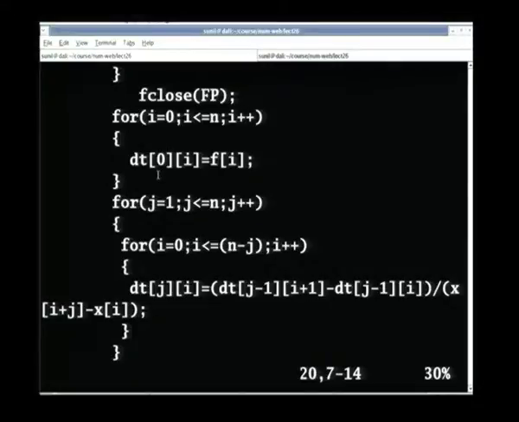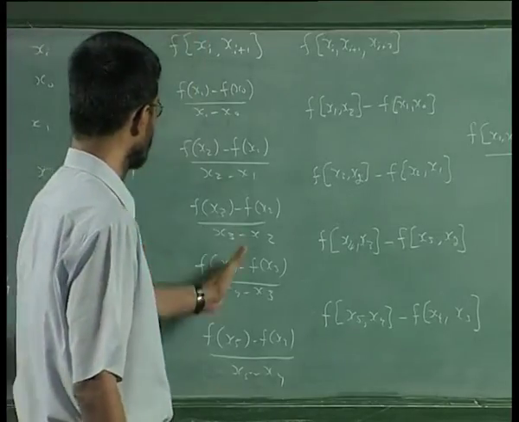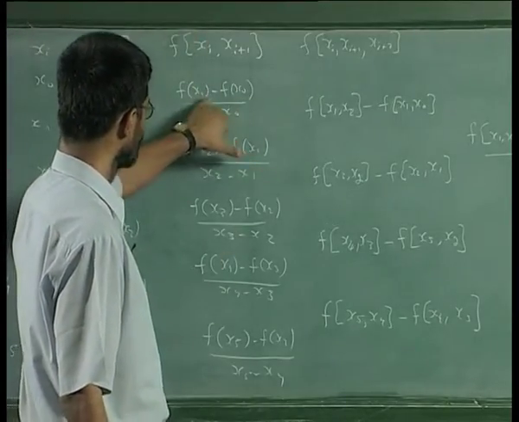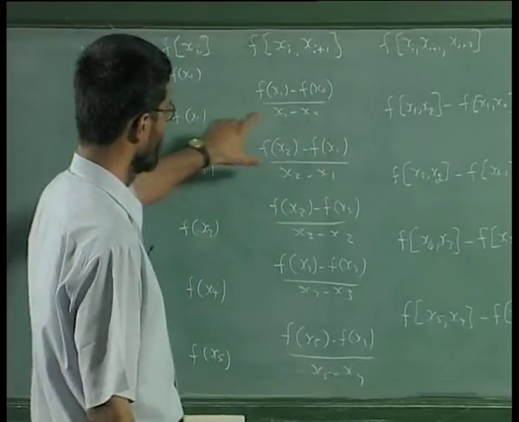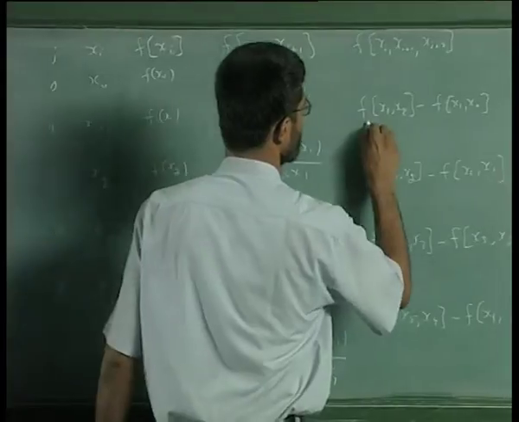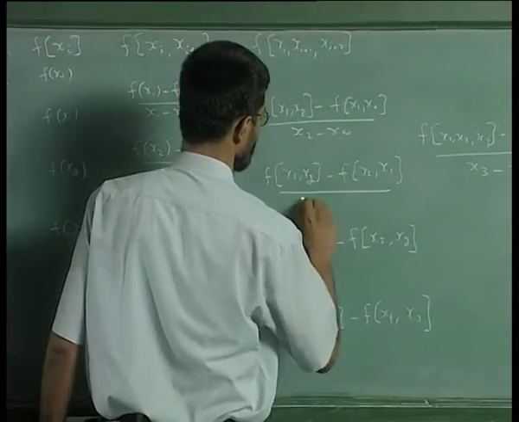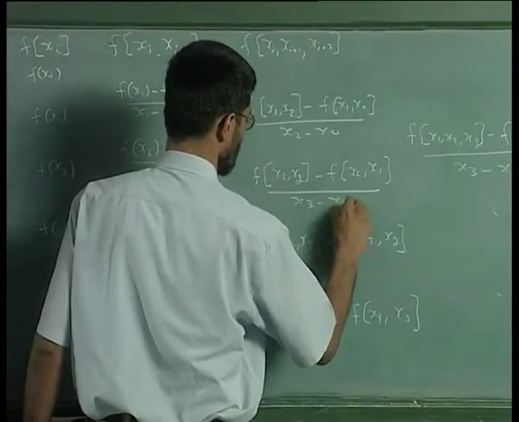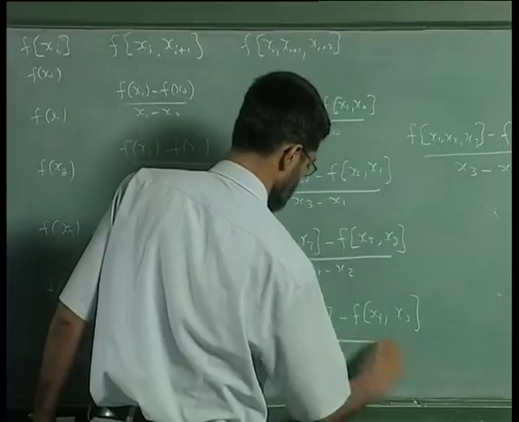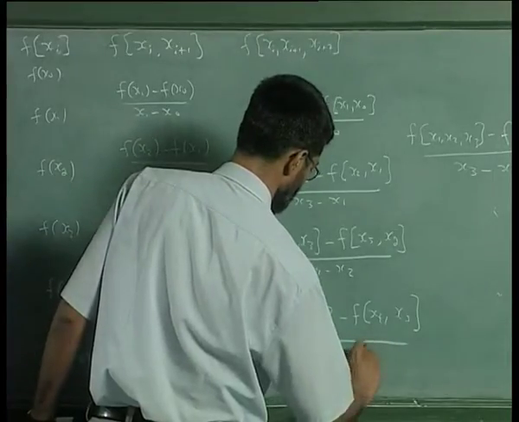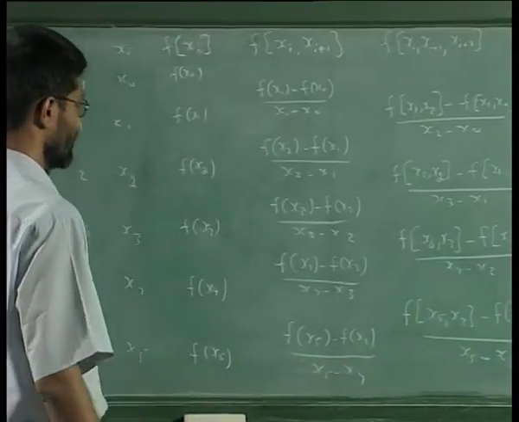Here the 0th order divided difference would be just the function itself, and the first order would be the difference between the function values divided by x1 minus x0, which is one interval. And then the next, sorry, here I have to write x2 minus x0, and here similarly x3 minus x1, and this is x4 minus x2, and this x5 minus x3 at the second order divided difference.